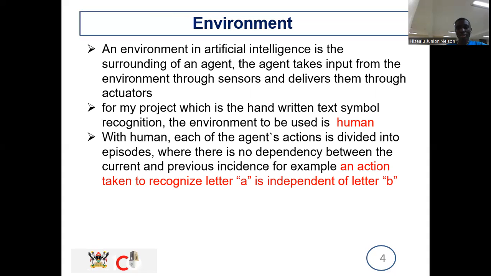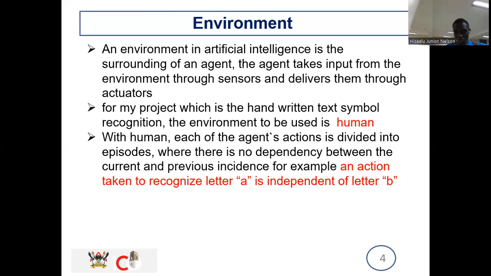So with the handwritten text recognition, obviously the environment will be human because the machine will be interacting with humans. Then with humans, each of the agent's actions is divided into episodes. Episodes, like if you have ever watched some series movie, those movies are split into episodes.